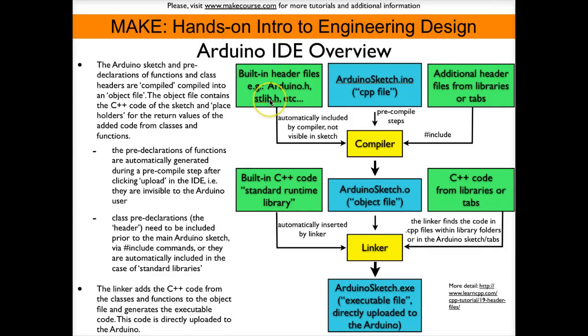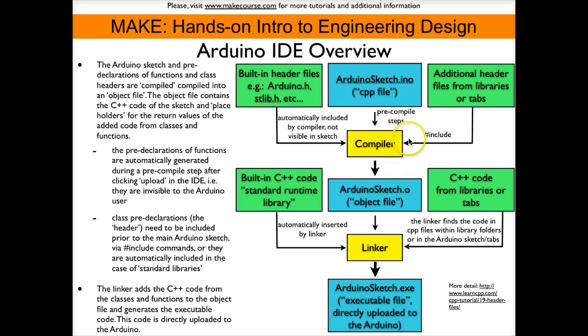There are also other standard C++ functions that are available. They are in other header files, and so all these header files now are being evaluated by the compiler, in case they're needed in the sketch, and then they are also compiled with the main sketch.